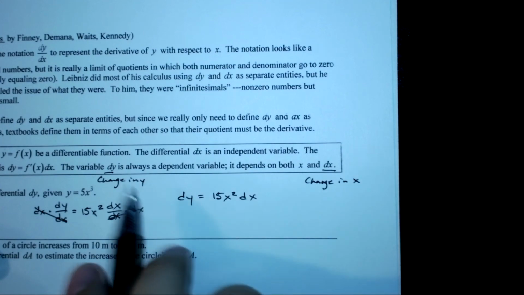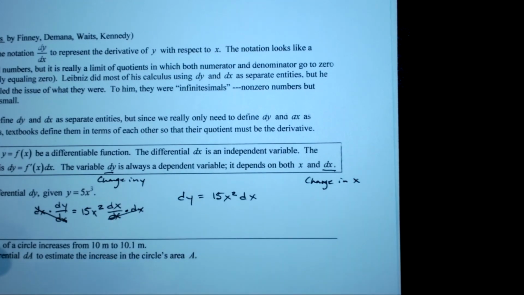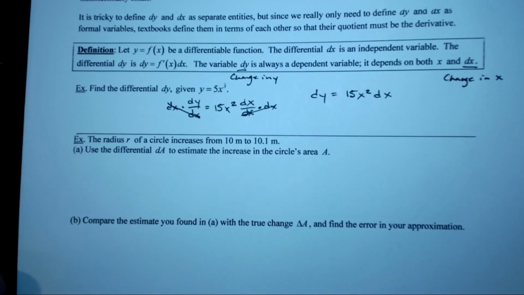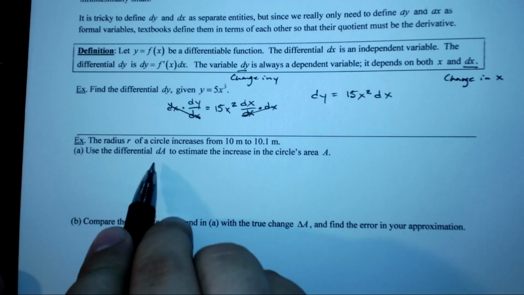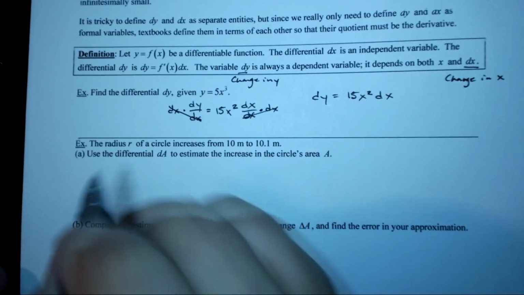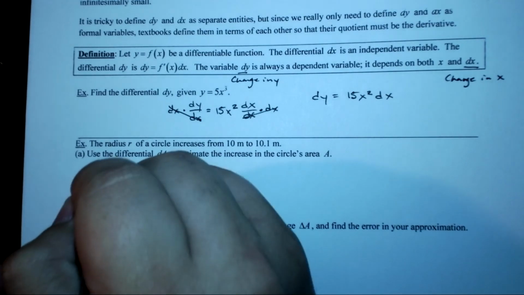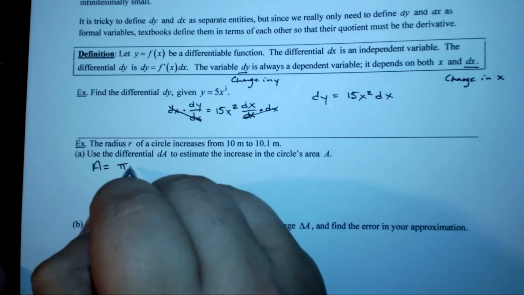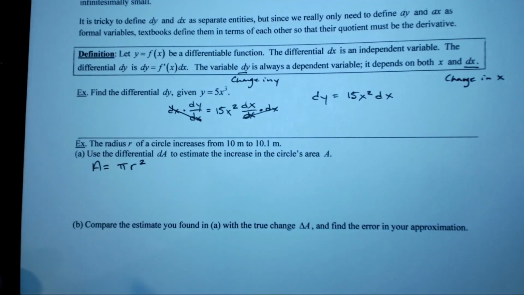Okay, so if dy is a change in y and dx is a change in x, let's look at this problem thinking of those pieces like that. It says use the differential dA to estimate the increase in the circle's area. Well, let's start out with a formula that we do know. A is equal to pi r squared for a circle, right?